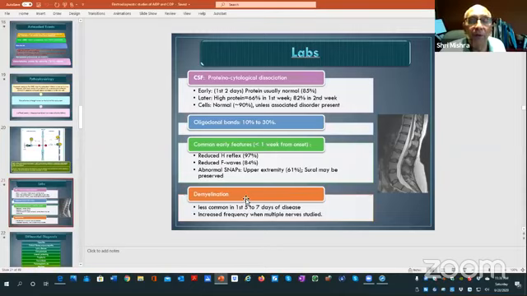And as I mentioned to you, in the axonal form we have decreased amplitude. And two important things that you always do: F wave, and the other one is H reflex or H wave. We normally don't do H wave, I do F wave, okay, which is important.